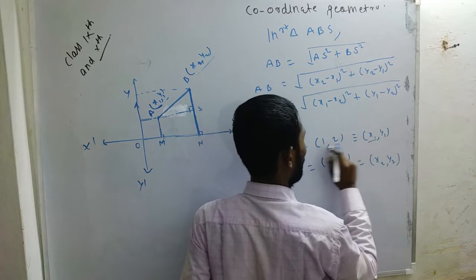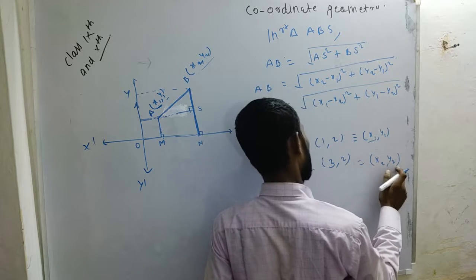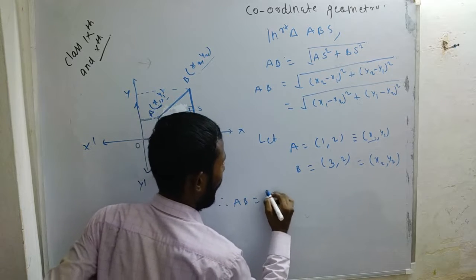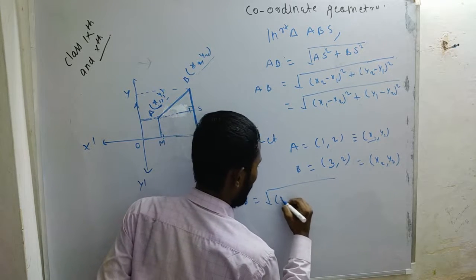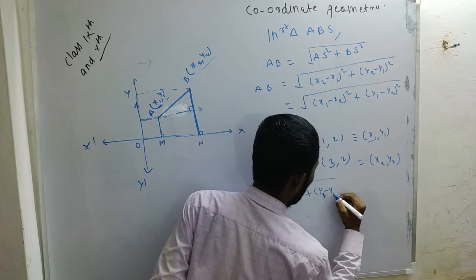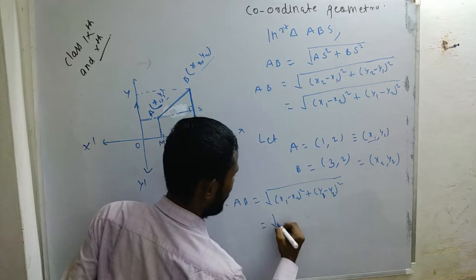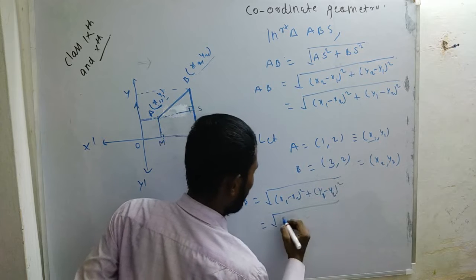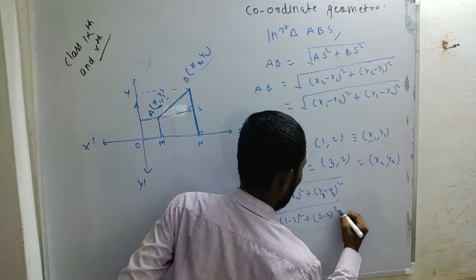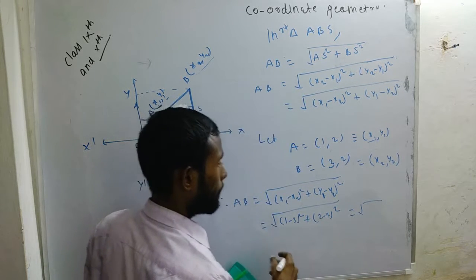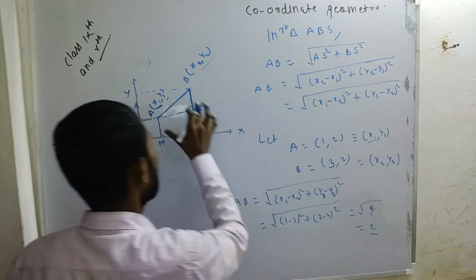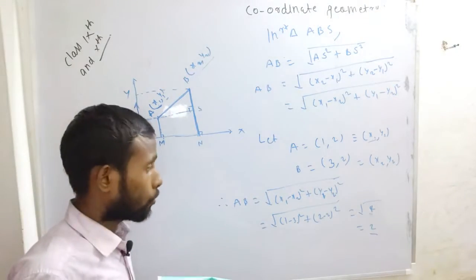Here x1 is equal to 1, y1 is equal to 2, x2 is equal to 3, y2 is equal to 2. So the distance AB is the square root of x1 minus x2 whole square plus y1 minus y2 whole square, that means 1 minus 3 whole square plus 2 minus 2 whole square, which is 4 under the root, equal to 2. So the length of AB, that means the distance from A to B, is equal to 2.